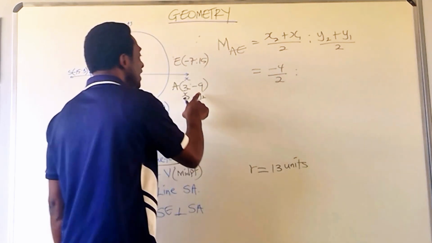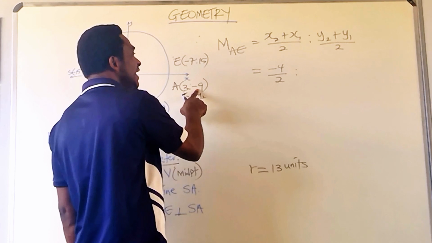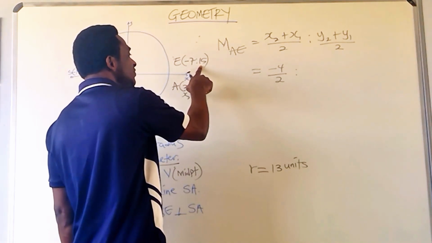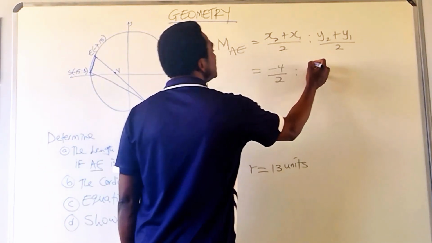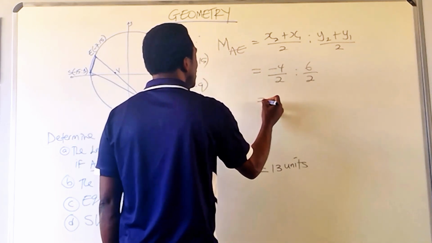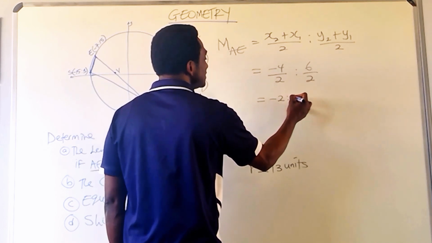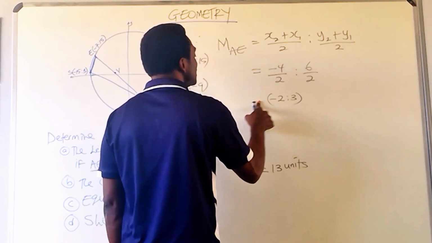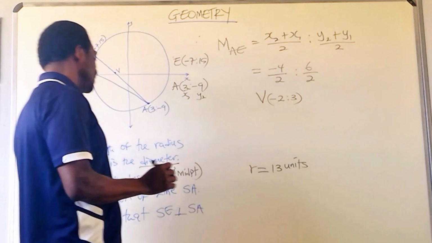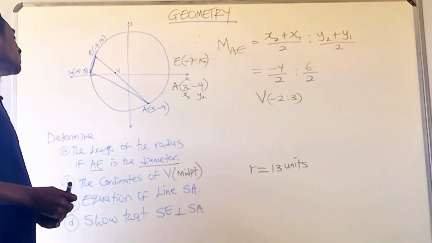And here we have -9 plus 15, and that is 6 over 2. So the coordinates of V, the midpoint of AE, are (-2, 3).